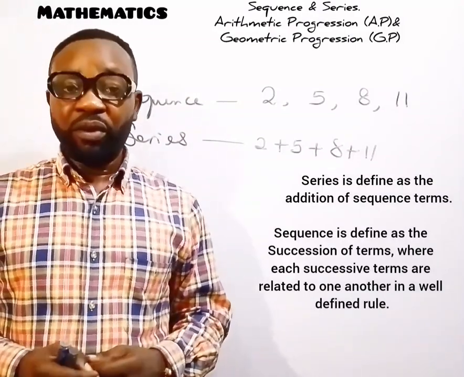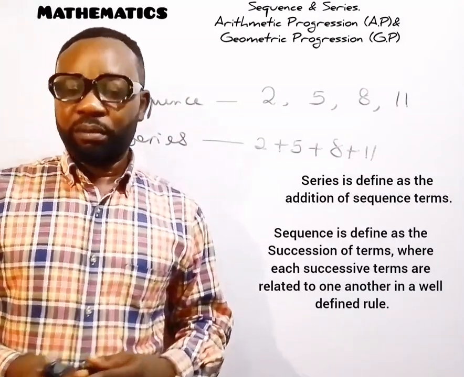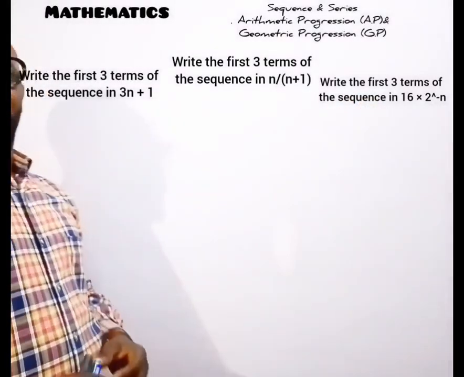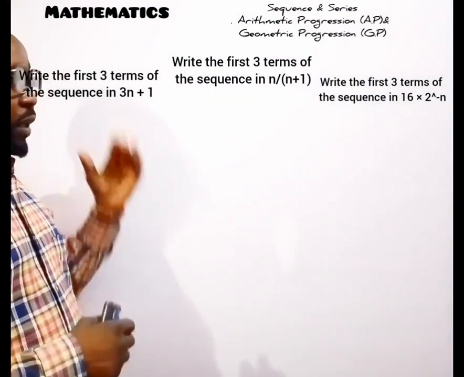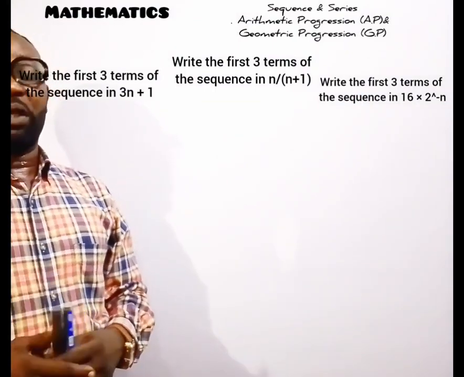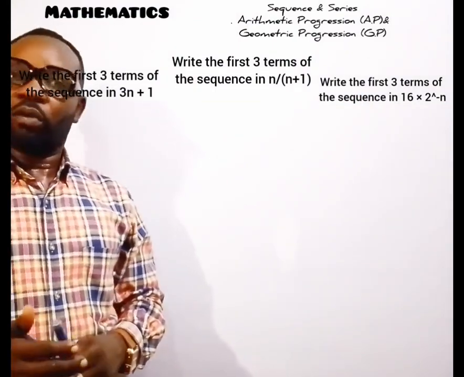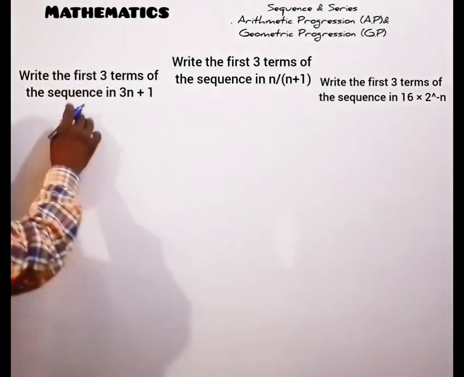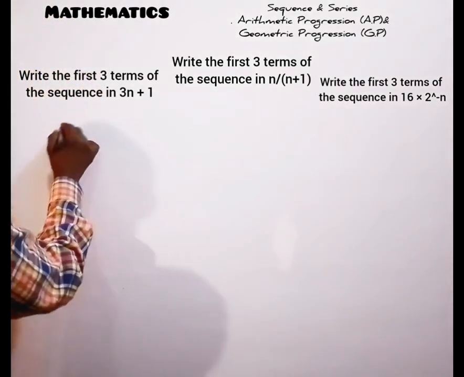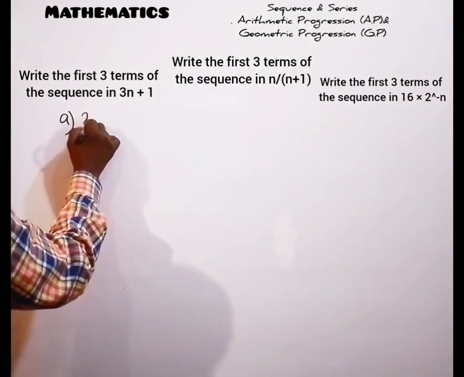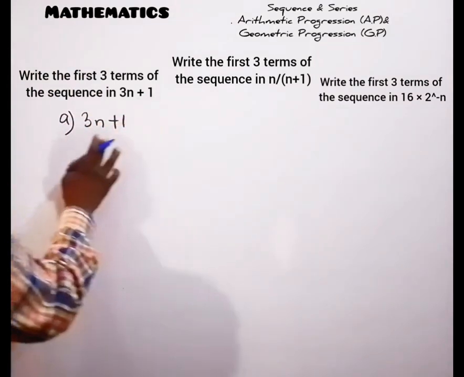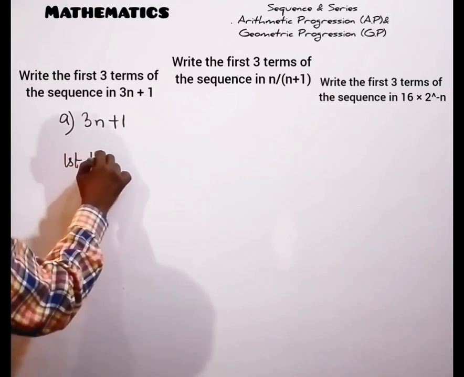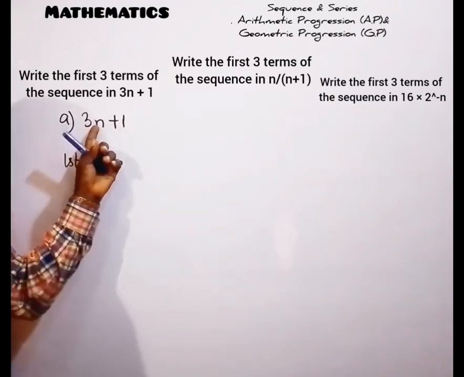Now, let's look at some questions regarding sequence and series and how we can deal with them. The questions ask us to find the first 3 terms of this set of sequences. Let's look at how we are going to solve it one after the other. The first question says we should look for the terms of 3n plus 1. Now, n is the number of terms.